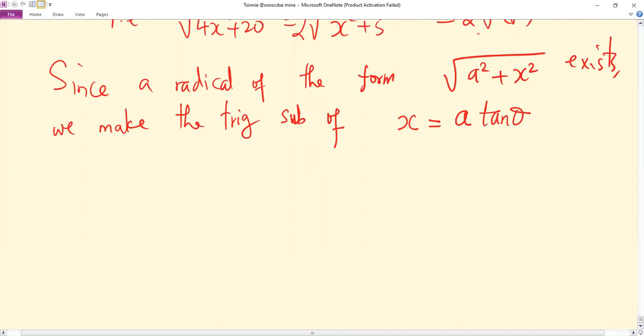So whenever you have a radical of this form, this is the correct form of the trigonometric substitution.